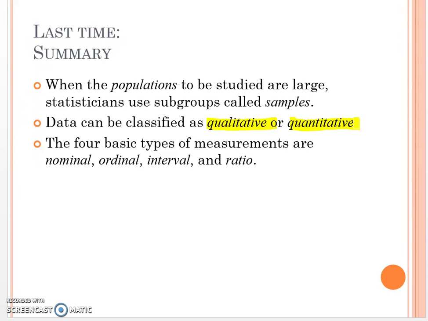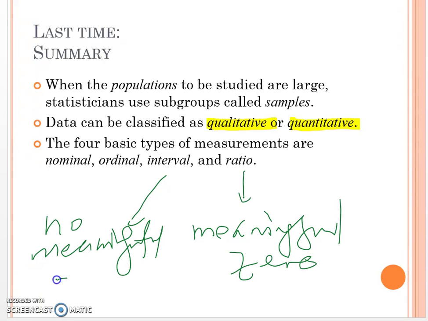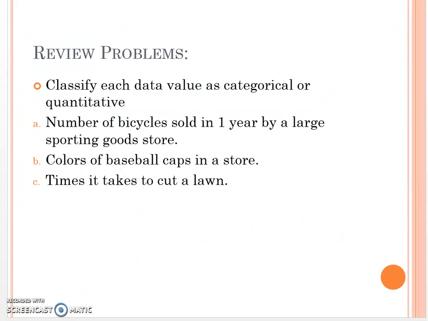Those are nominal, ordinal, interval, and ratio. And I think we emphasize that for ratio, it has meaningful 0, while interval has no meaningful 0. And nominal is basically just like categorical. Ordinal is you can order those data.